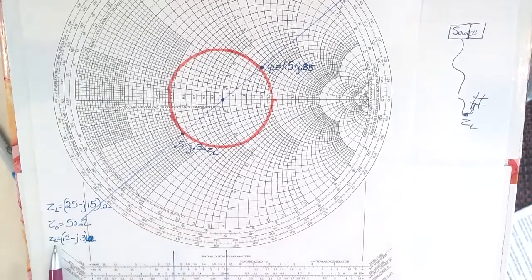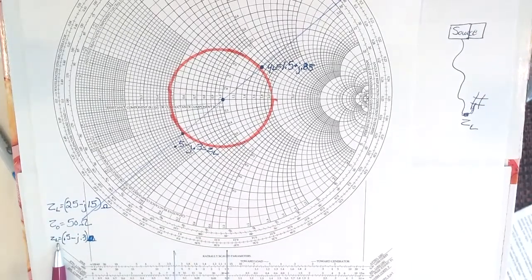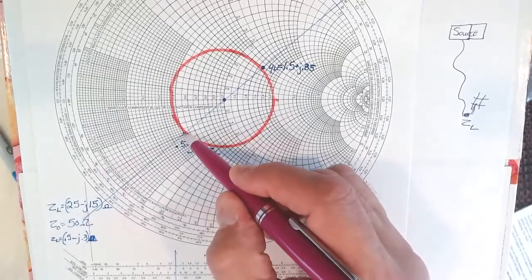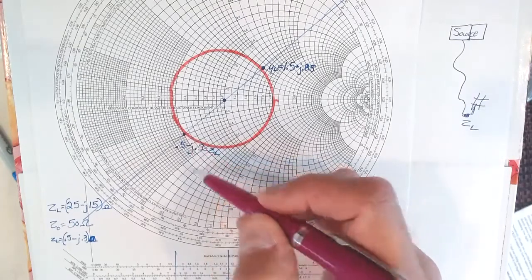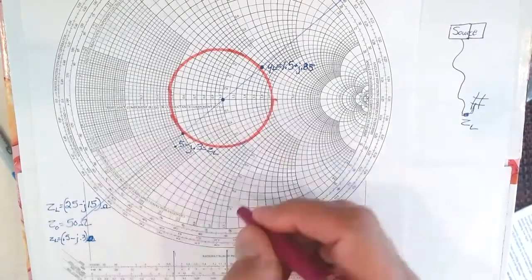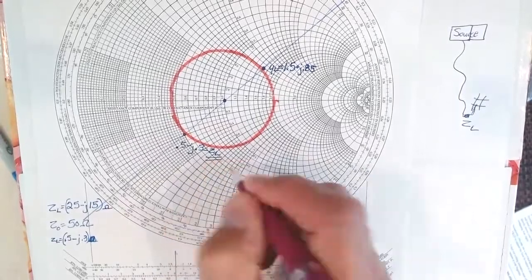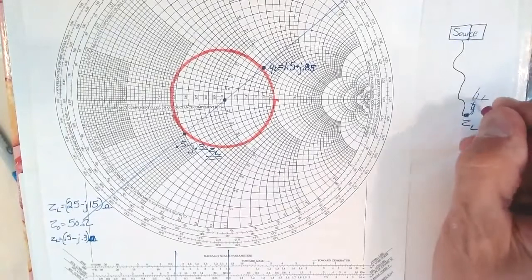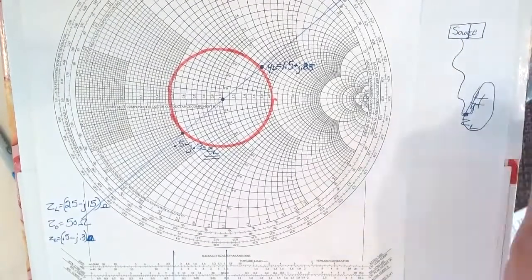And so the normalized impedance for the load is 0.5 minus J0.3, right? On the Smith chart, I've made a dot right there. That would be Z of the load. And where is that? That is at the load, isn't it? That's Z of the load right there.